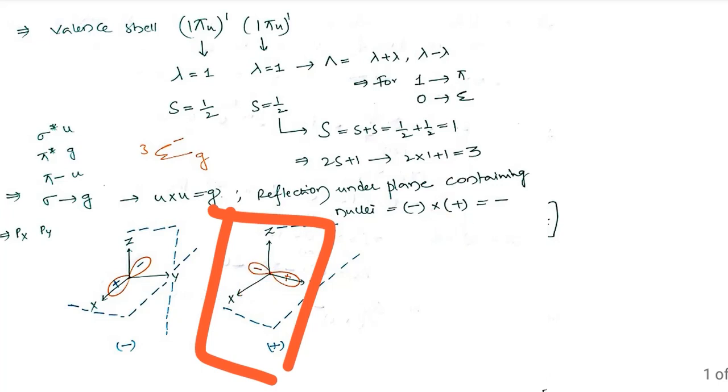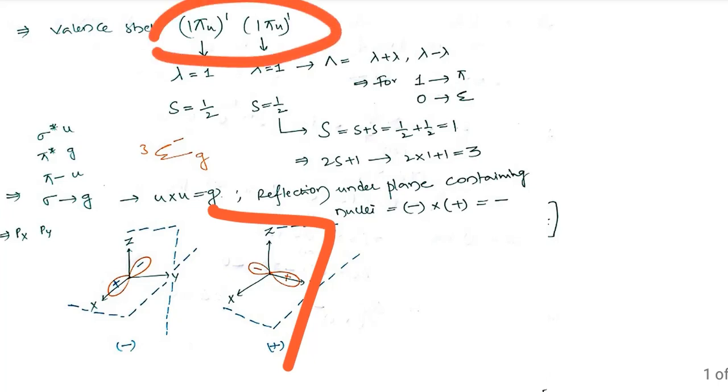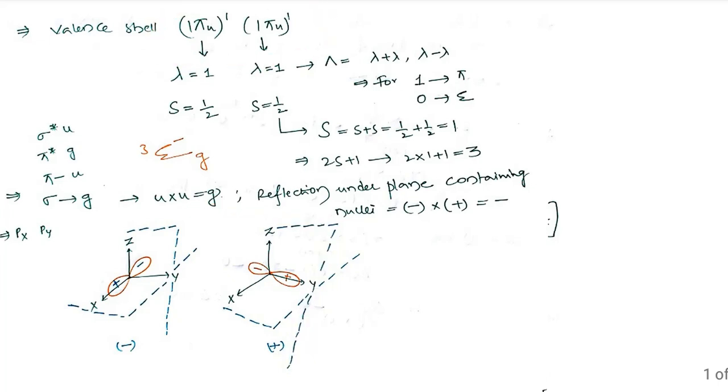So minus into plus simply results in minus for the given electronic configuration. So on the sigma term symbol we represent minus. The total term symbol is 3Σg minus. Just observe it.